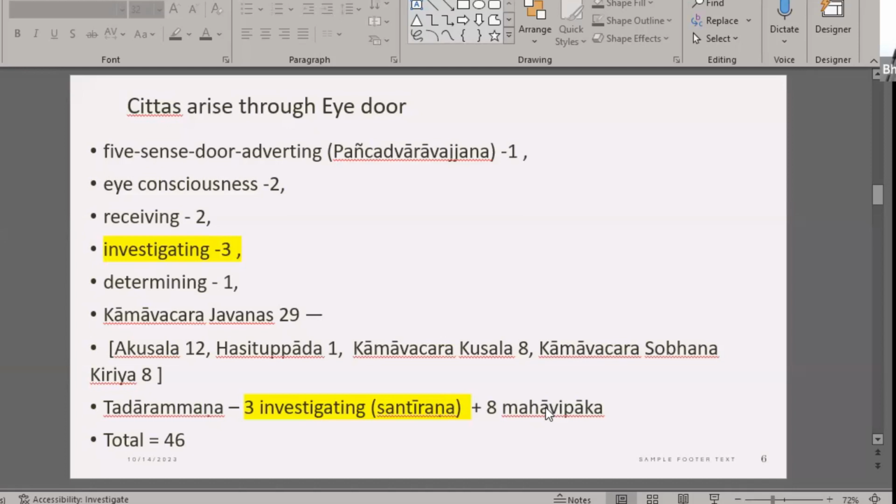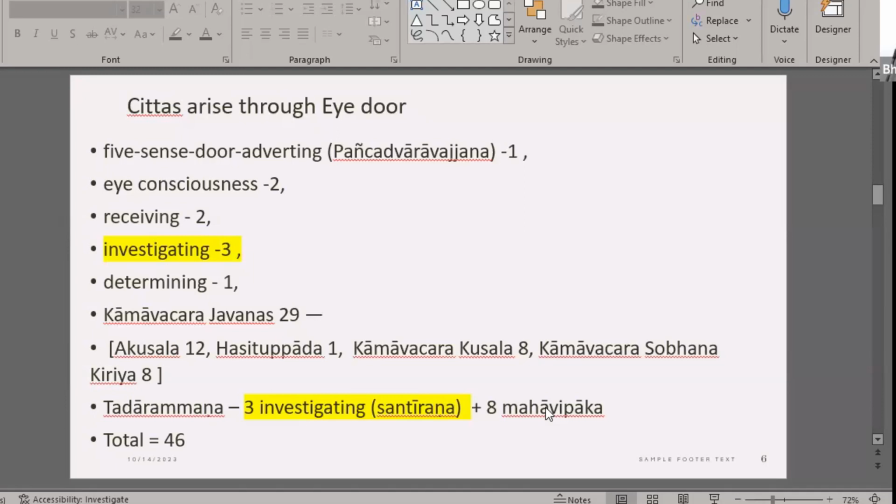Also for Arahants, what happens? When Arahants see the Buddha or they see each other, they also have kriya chittas, not the kusala. Kriya chittas arise. Those are the Kamavacara Javana Chittas.